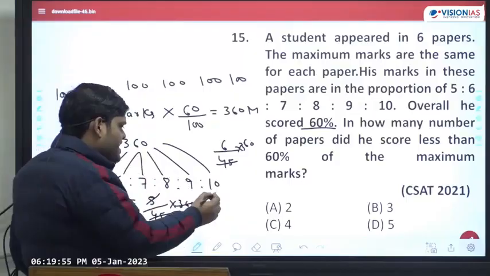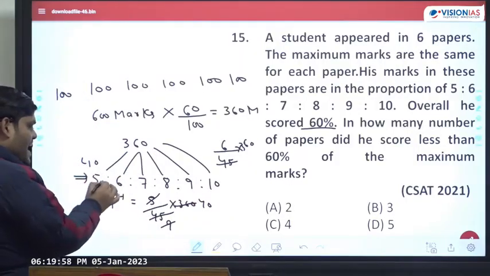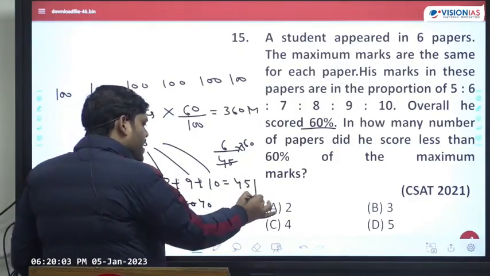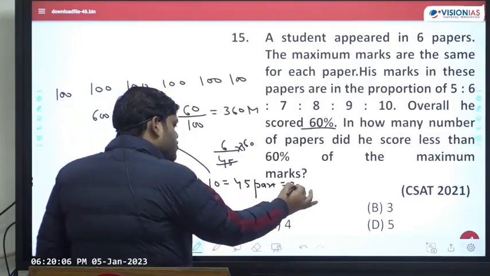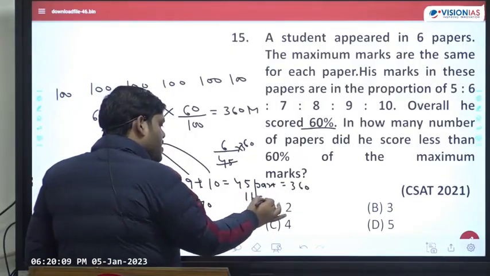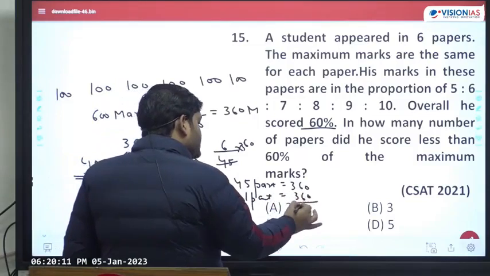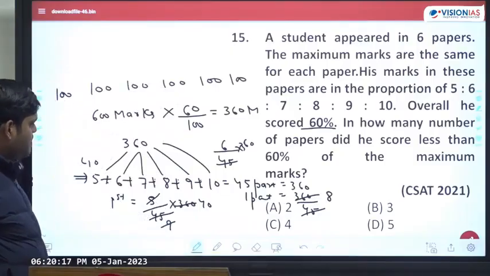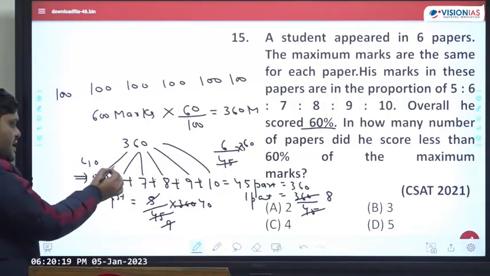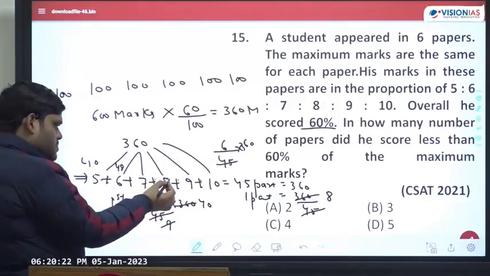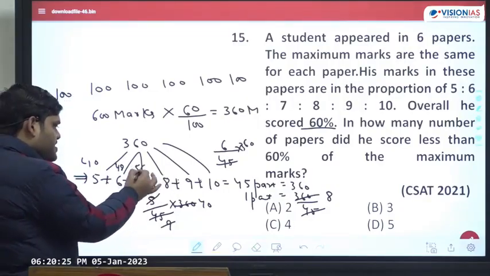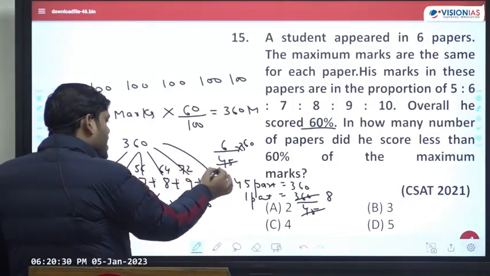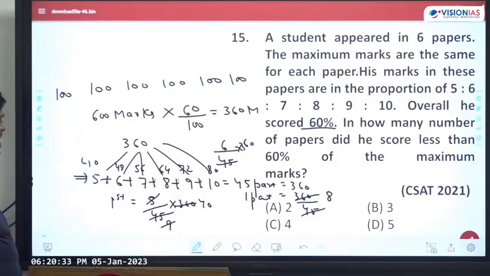Or simply, if we add all the parts, 45 parts is equal to 360. So 1 part is equal to 360 upon 45, which is 8. So 5 parts will be 40, 6 parts will be 48, 7 parts will be 56, 8 parts will be 64, 9 parts will be 72, and 10 parts will be 80.